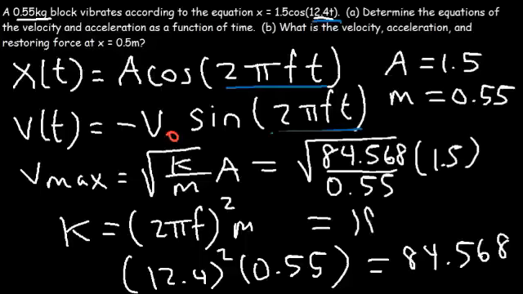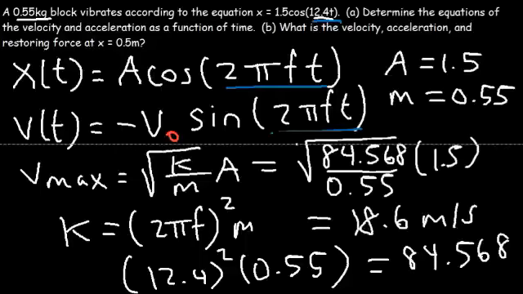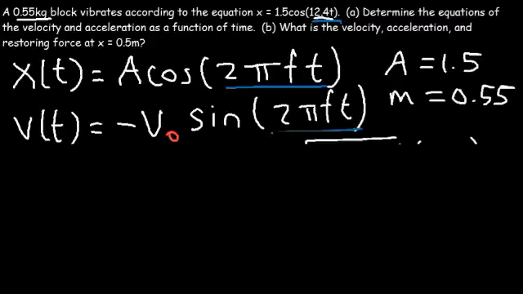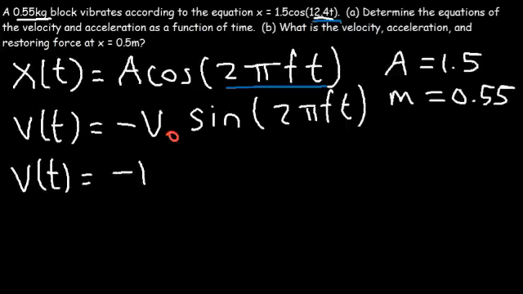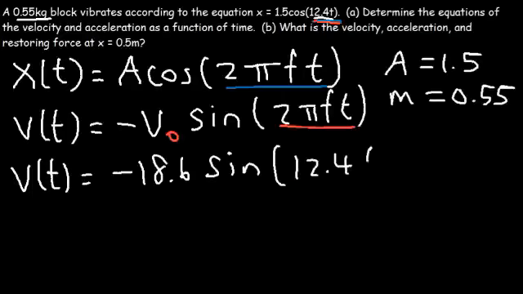Therefore, the maximum velocity is 18.6 meters per second. So the equation of the velocity as a function of time is negative 18.6 sine 12.4 t.